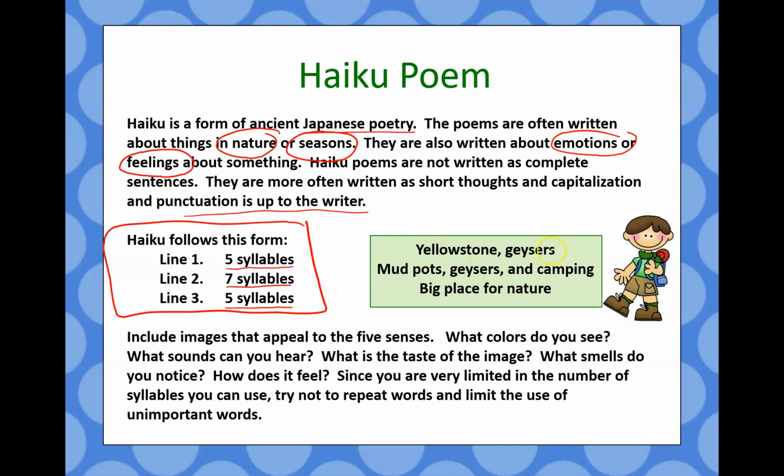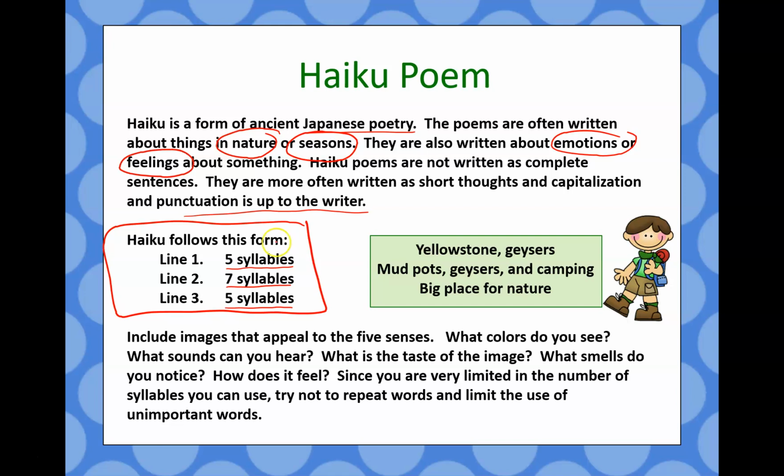So the one that they gave you an example of, and remember 5 syllables is where you think about your clapping that you used to do probably in kindergarten or first grade to figure out how many syllables there were in a word. So for example, in the word syllable, there are 3 times where you kind of pause amongst the word. So there are 3 syllables in the word syllable.